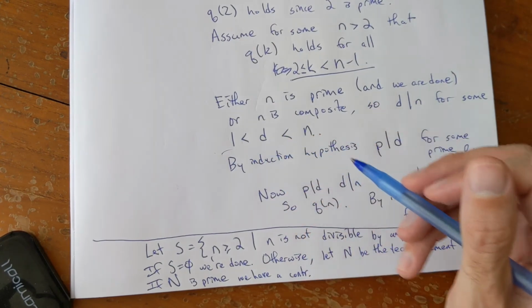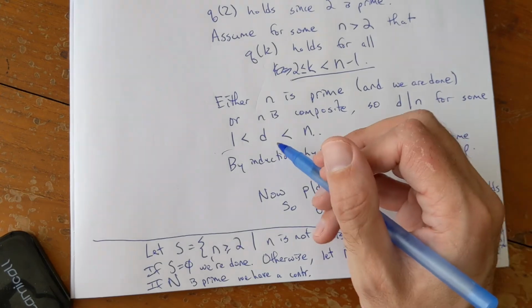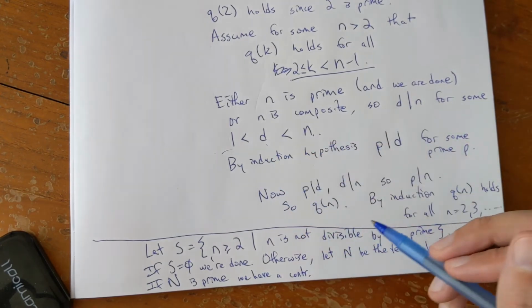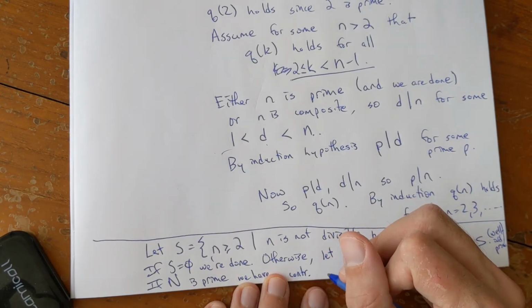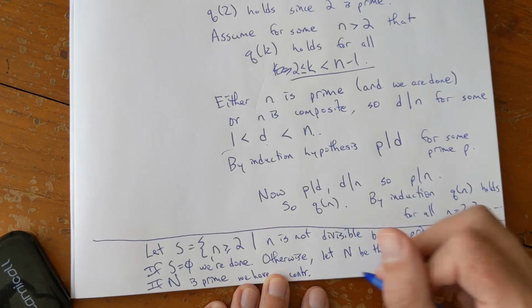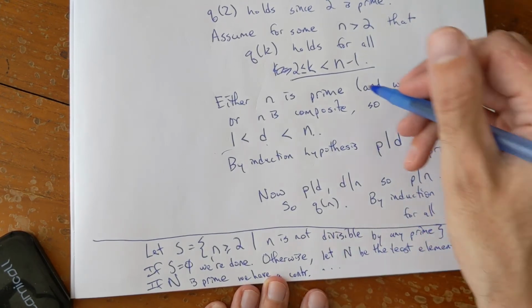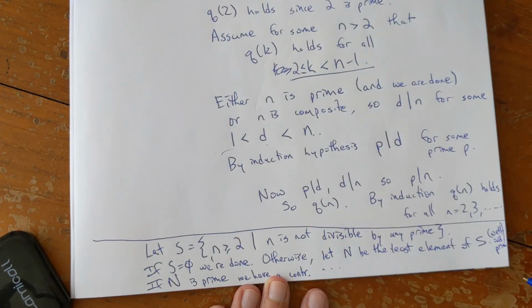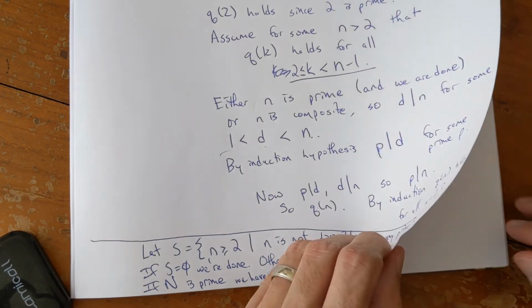That number is not in S since n is the least element, so that number is divisible by a prime. And that prime that divides it also divides n, and that's a contradiction. Because I ran out of room, I'll just put dots, but you just fill in this part. So you can do the same thing using the well-ordering principle is all I wanted to say.